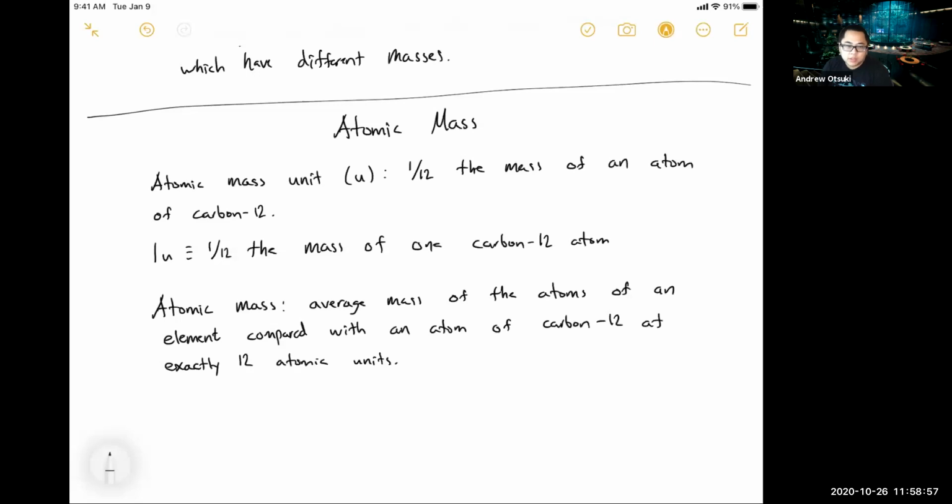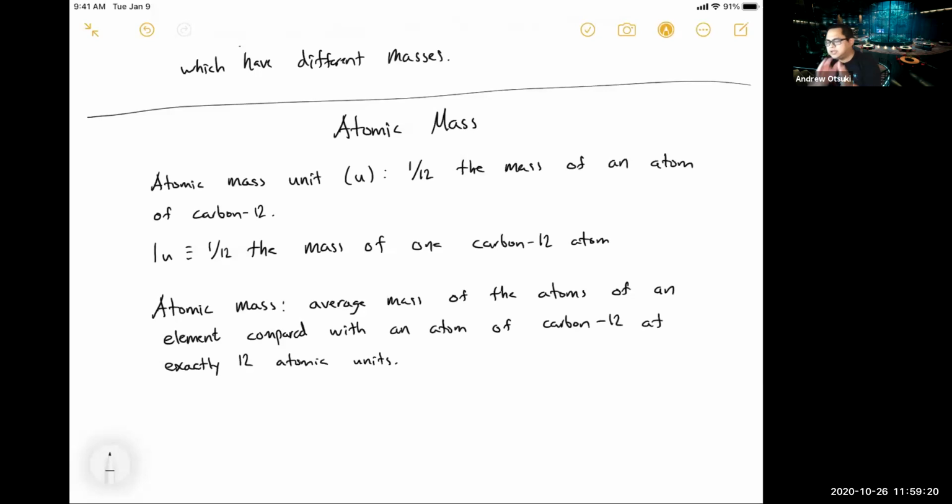So you could determine the relative abundance of the different isotopes of an element by taking, for example, a mass spec of a sample of an element, and it'll give you the relative ratios. There is a slide about this, but I'm not going to talk too much about it.